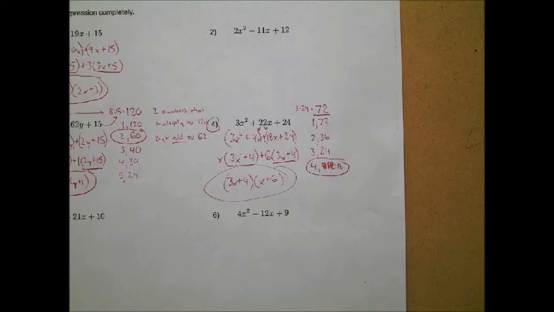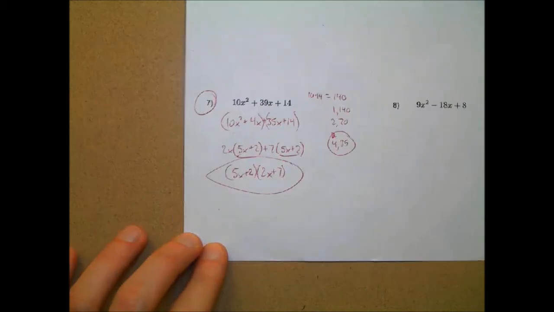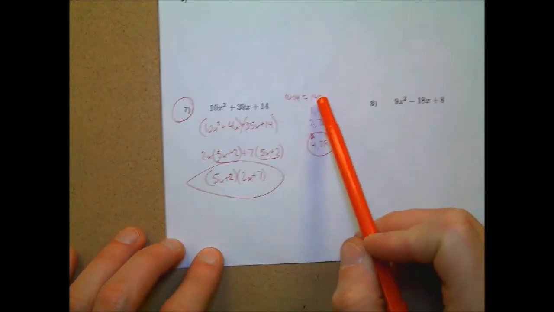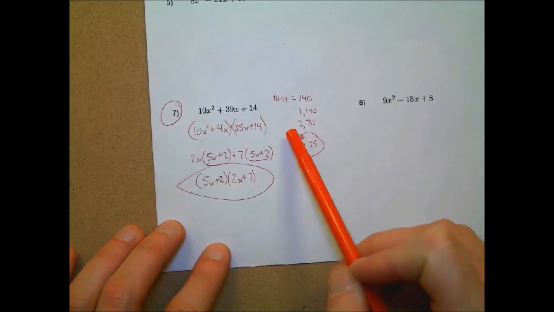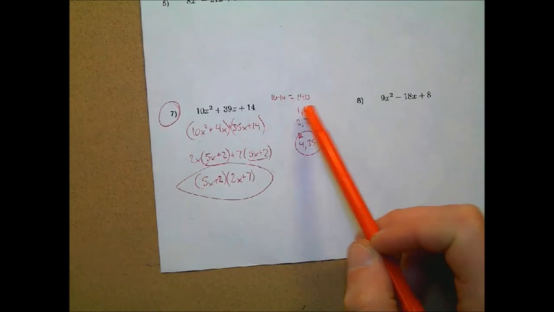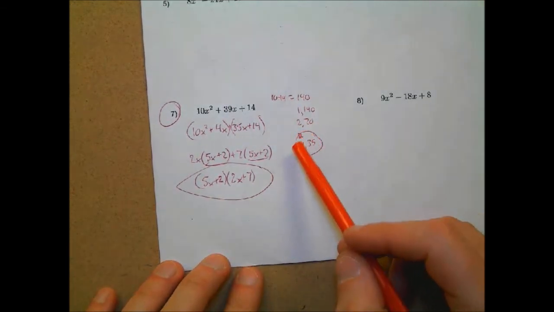Okay, folks, real quick. Here's number 7. Let me talk it through here with you. 10 times 14 is 140. You then want to look at pairs of numbers that multiply to 140. I just start with 1 and do 1 and 140. And then I look at 2, and 2 does divide it, it's 2 and 70. And then 3 doesn't work. But then 4 and 35 work. They give you nice numbers.